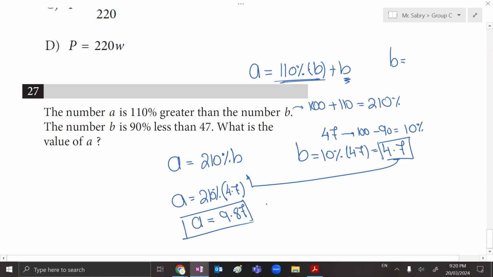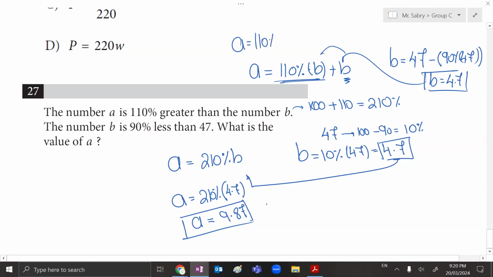So B equals 47 minus 90% of the 47 itself. That would get you that B equals 4.7. Once you have B, you can substitute it here and there. So A will equal 110% on the calculator times 4.7 plus 4.7, which will become 9.87. Did you understand a bit or not?